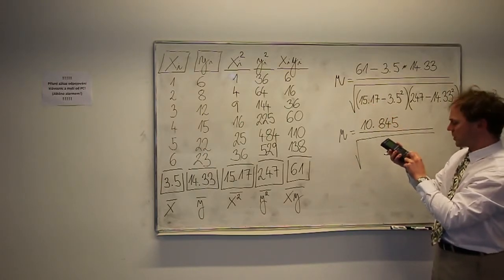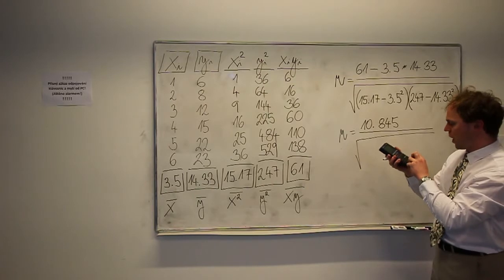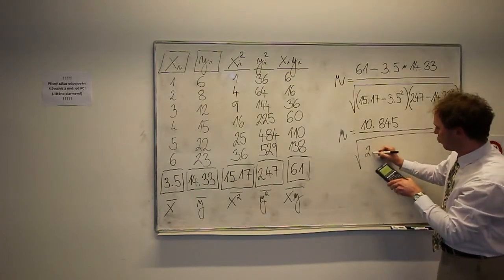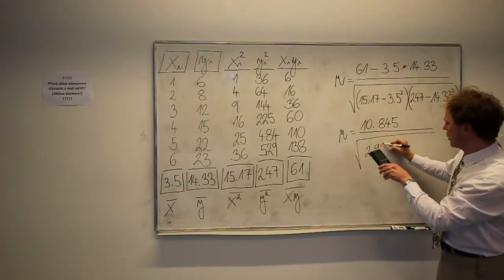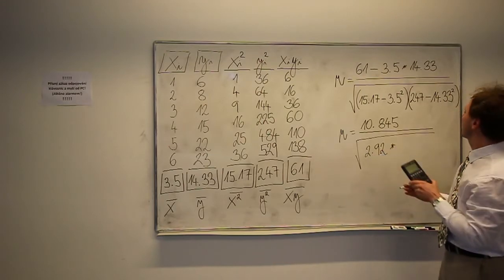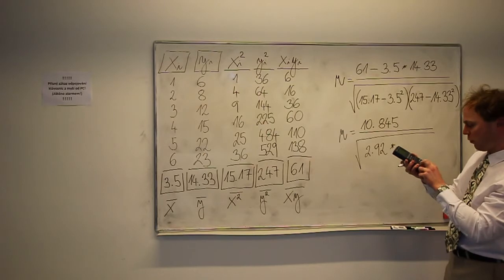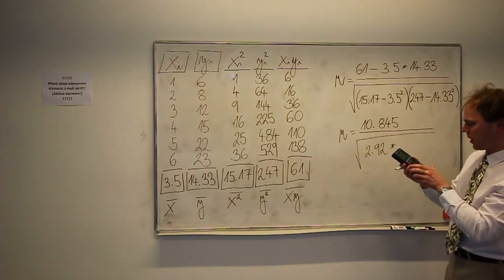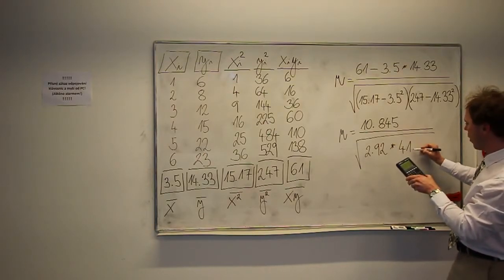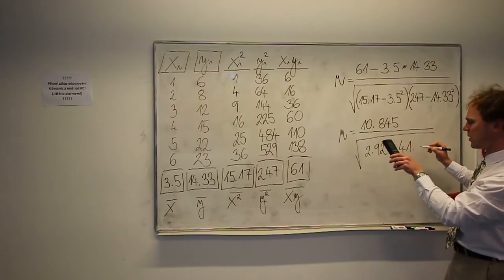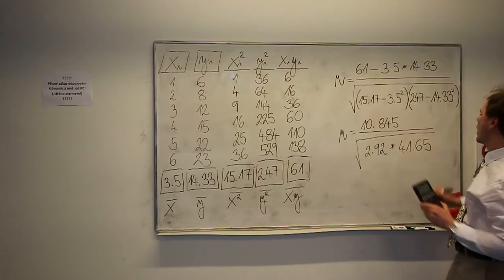15.17 minus 3.5 squared, 2.92 multiplication, 247 minus 14.33 squared, 41.65.